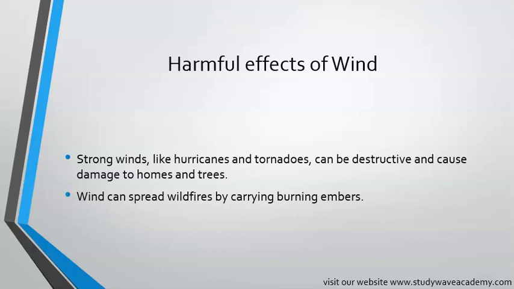So strong winds can damage our houses and other structures. It can knock down trees, which can be dangerous and damaging. And wind can also spread wildfires, carrying burning embers to new areas.